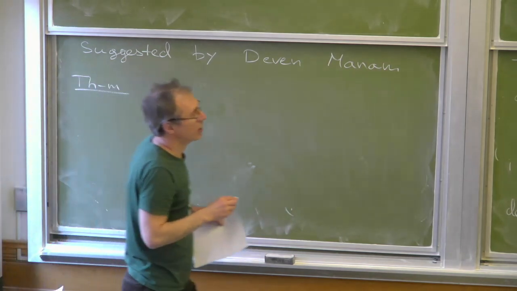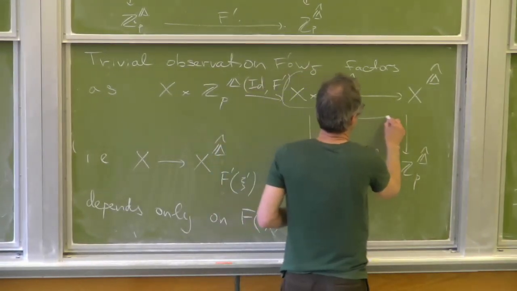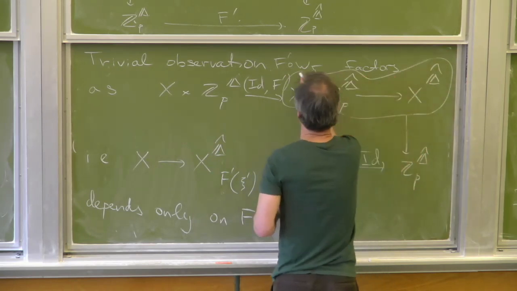So let's look at this picture here. For any delta scheme, you have this map.